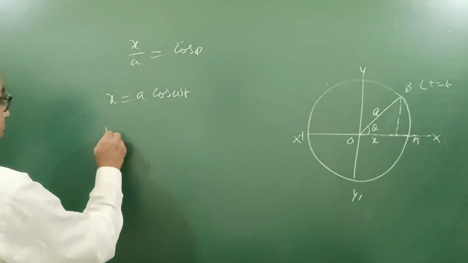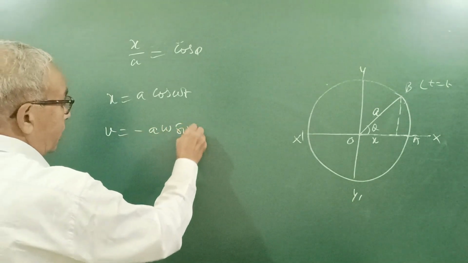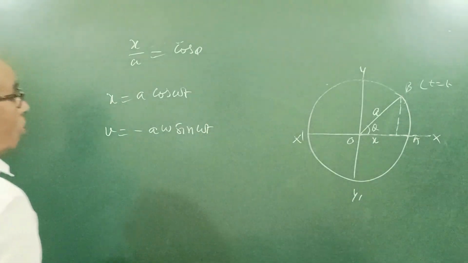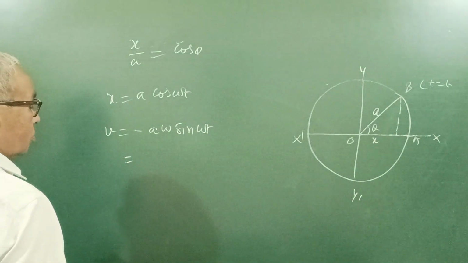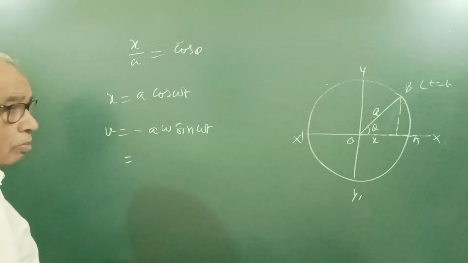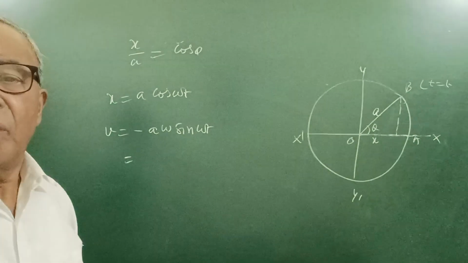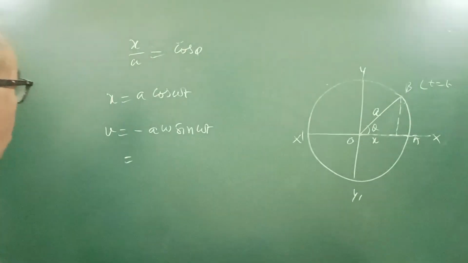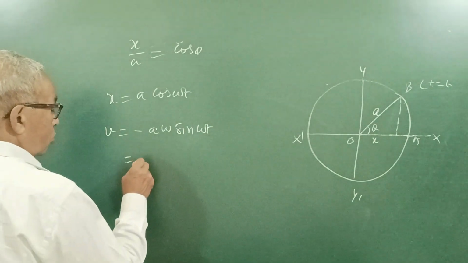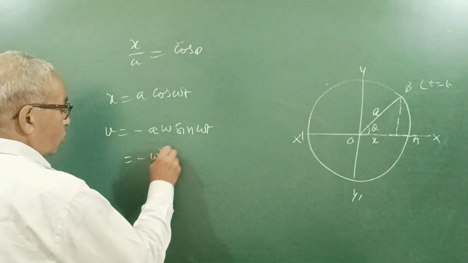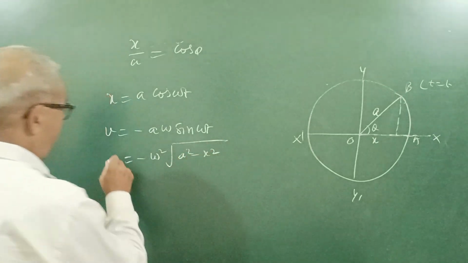From this you will get v equal to minus a omega sin omega t, or you can write it as v equal to omega under root a square minus x square.